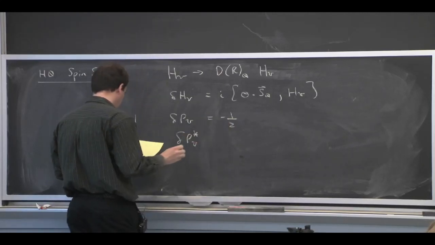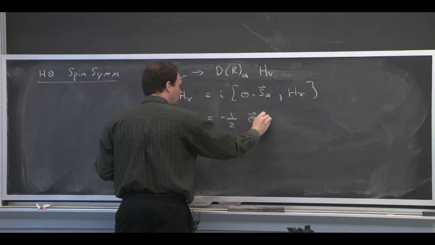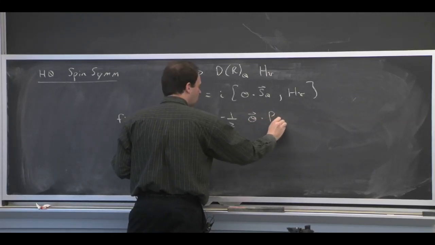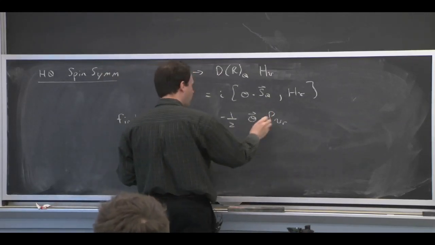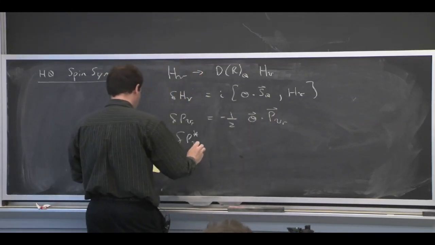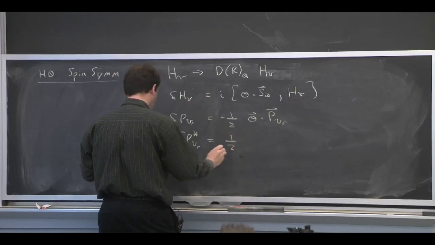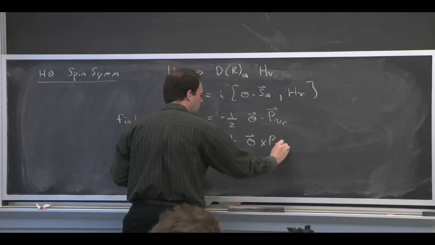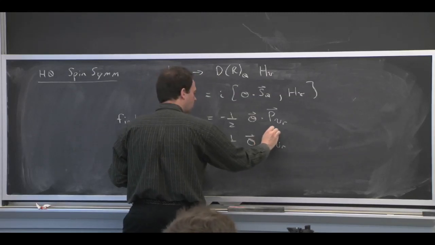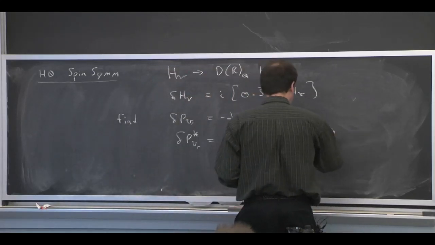And what you'd find is that this guy, in the rest frame, everything in the rest frame, is that, and this guy is theta cross P_v star minus a half.